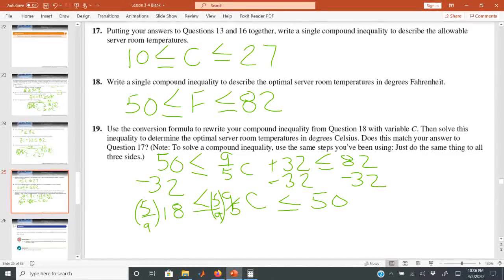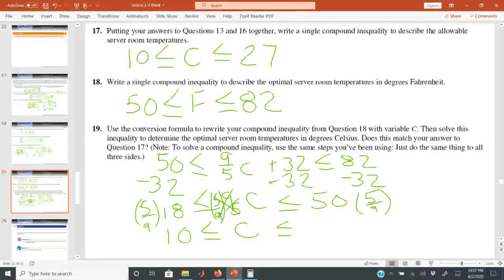It's hard to squeeze everything in. And 5/9 times 18 again gives me 10, which has to be less than or equal to 5/9 times 9/5 gives me 1. 1c is just c, which then has to be less than or equal to 27.